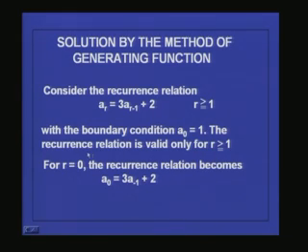You can see that if r is equal to 0, this recurrence relation becomes a_0 = 3a_{-1} + 2, and a_{-1} does not have any significance, it does not exist. So, this particular recurrence relation is valid only for r greater than or equal to 1. Why we have to consider this particularly here will become evident in a moment.